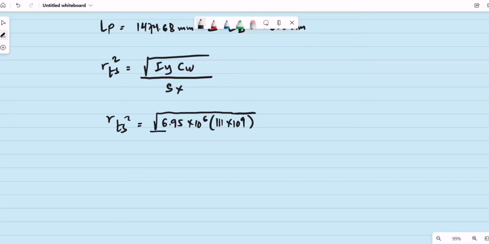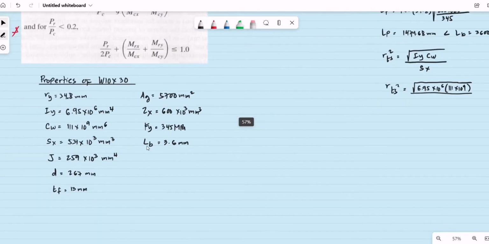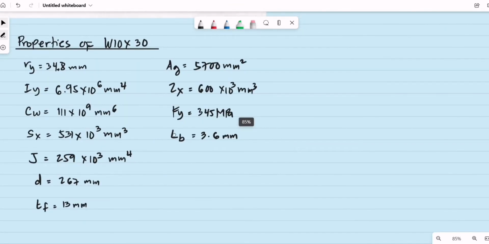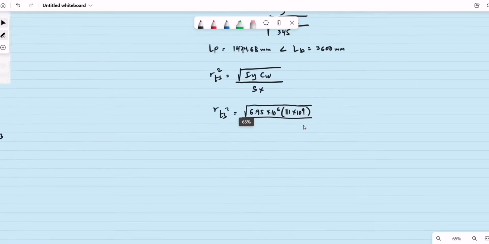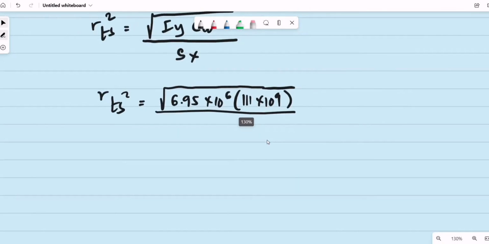Then to be divided by the section modulus with respect to the x-axis of W10 by 30, which we have as 531 times 10 raised to 3. So this value is to be divided by 531 times 10 raised to 3.